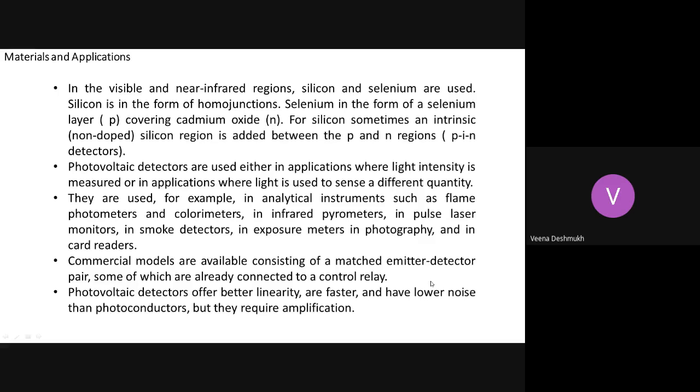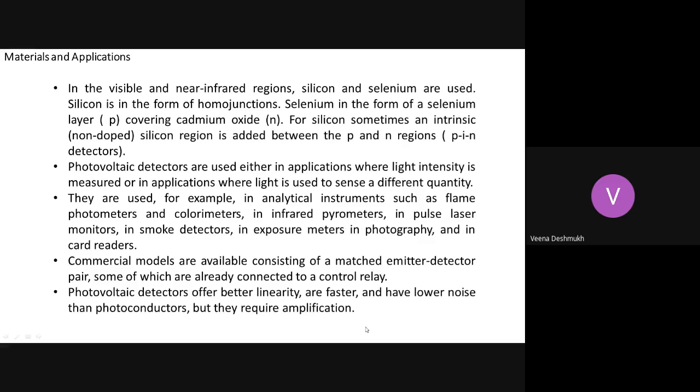Wavelength band means the wavelength plus the energy range over which it can function is also fixed. So for all your visible ranges, you have matched emitter detector pair models available. Readily, with the system only, some of them come.